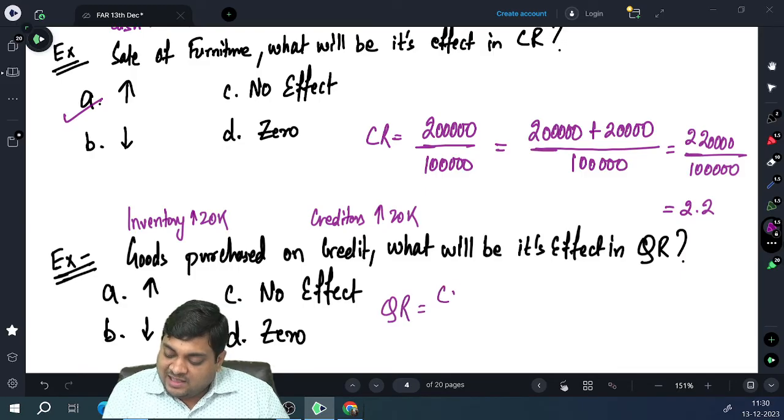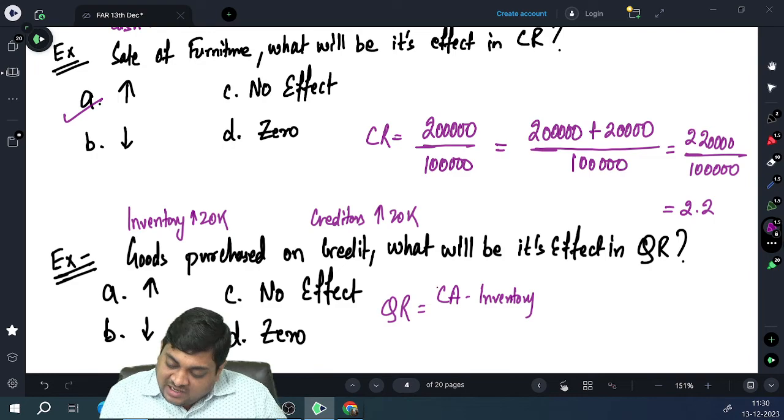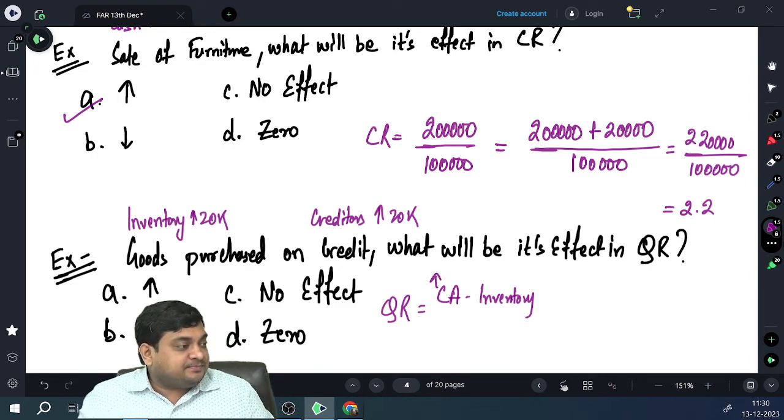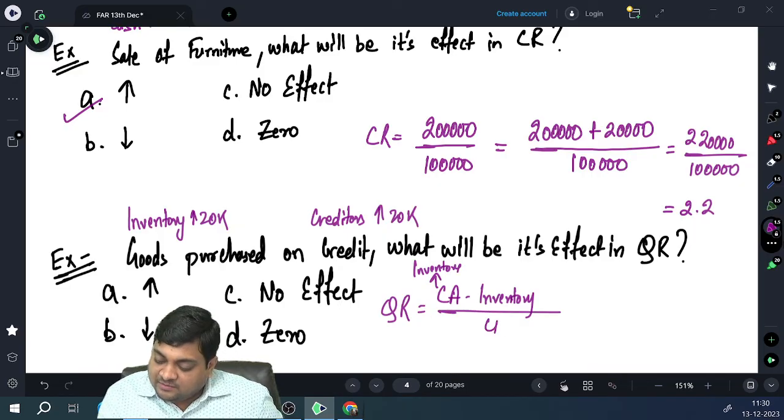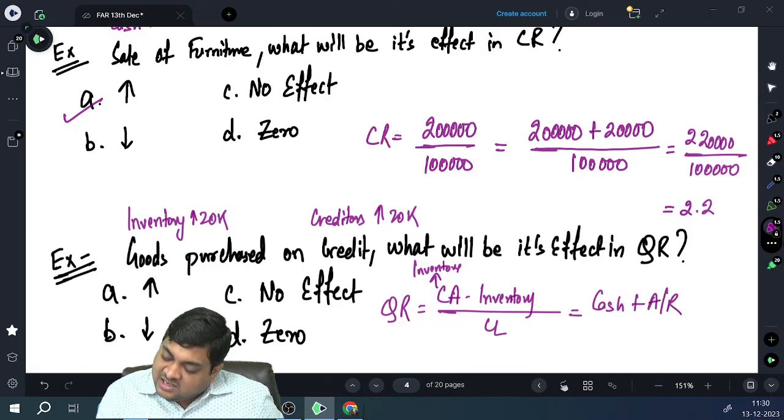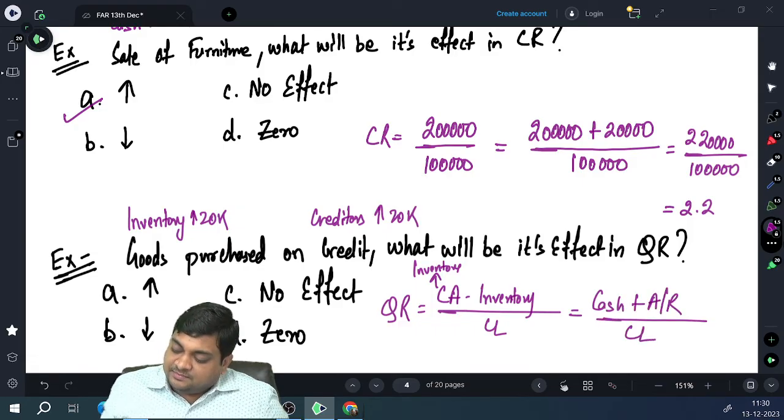Now quick ratio is like current assets, from which we subtract inventory. So basically inventory is there in current asset, which we are not taking. So as a result, only cash and accounts receivable by current liability.